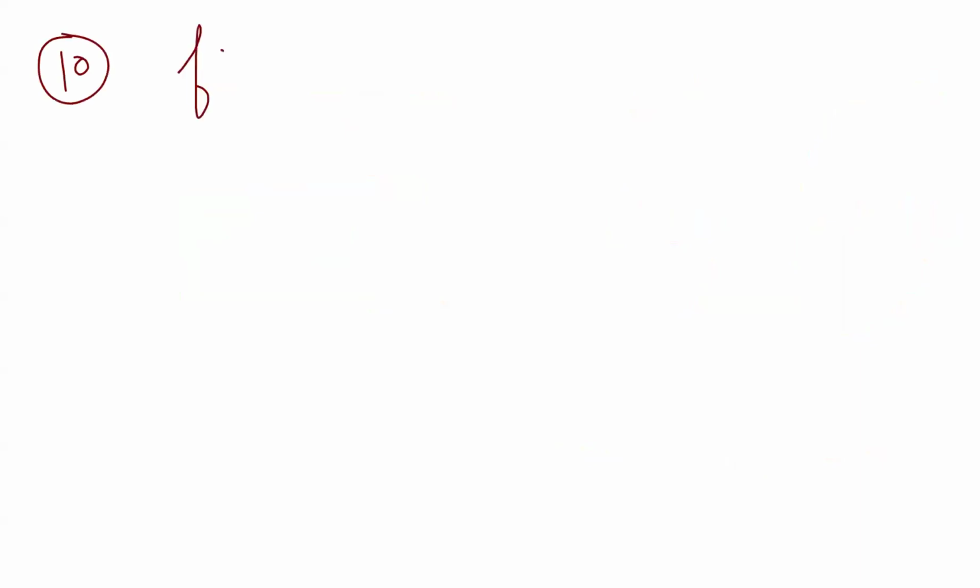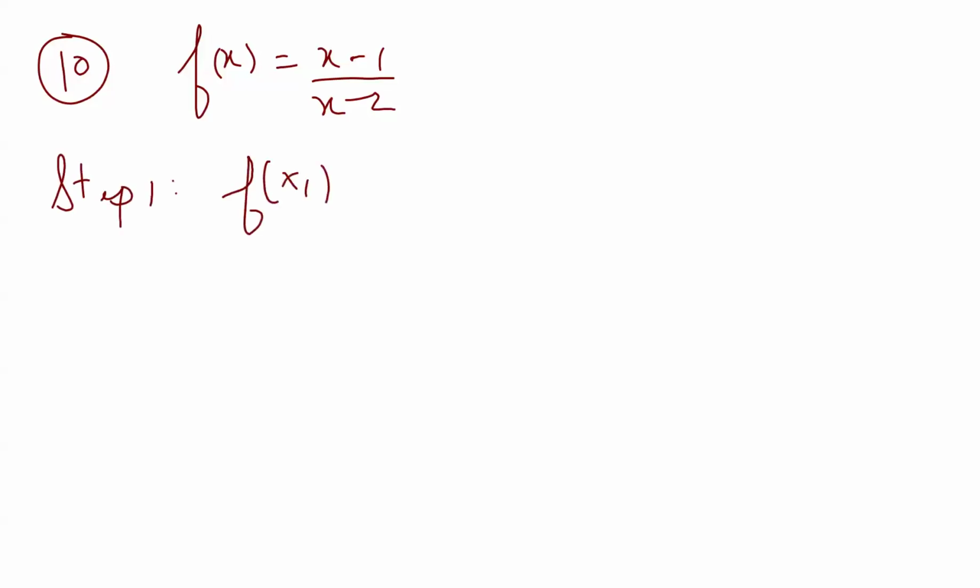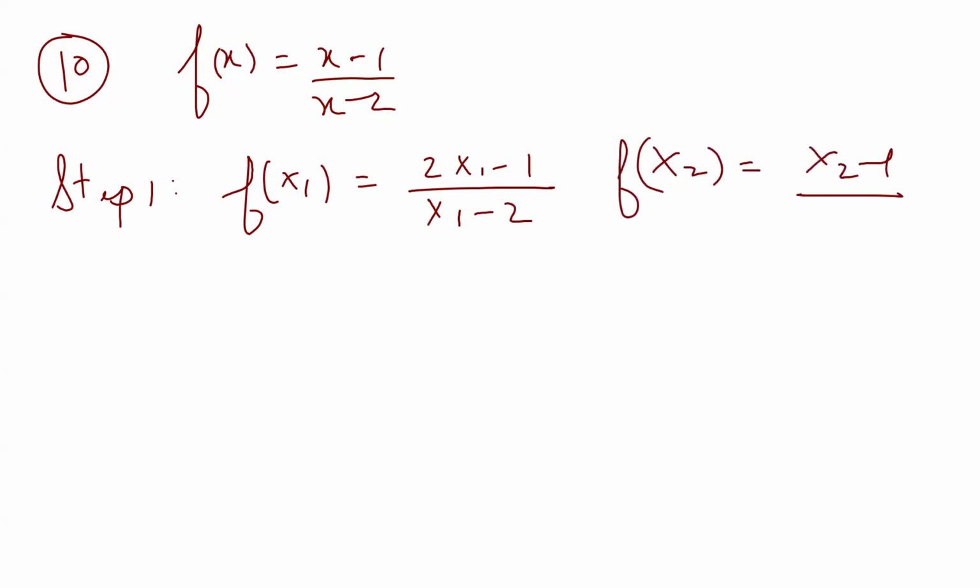Okay. Let's go to question number 10. f of x is equal to x minus 1 upon x minus 2. We have to prove it is 1 to 1 and onto, and then find f inverse. Step number 1: f of x1 is x1 minus 1 upon x1 minus 2, f of x2 is x2 minus 1 upon x2 minus 2. f of x1 is equal to f of x2. We have to equate.